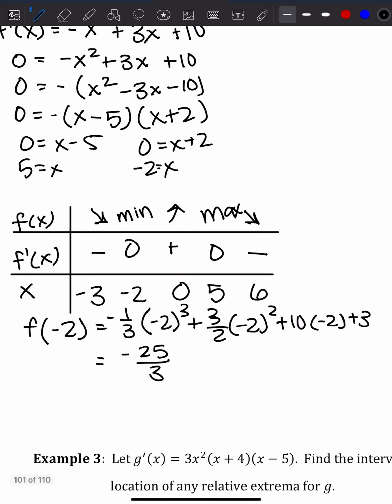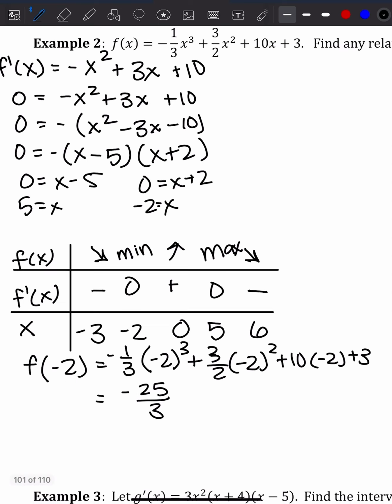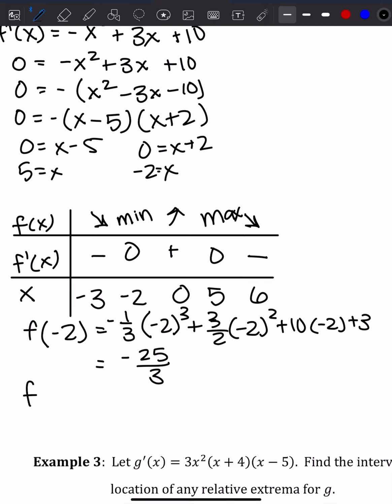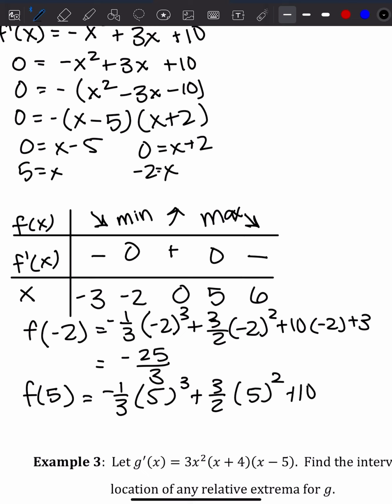We're going to do the same thing, but for 5. So f of 5, negative 1/3 times 5 cubed plus 3/2 times 5 squared plus 10 times 5 plus 3. I know I said the other one was weirdly unfortunate, but this one is 293 over 6.